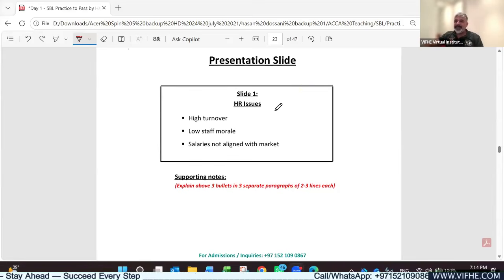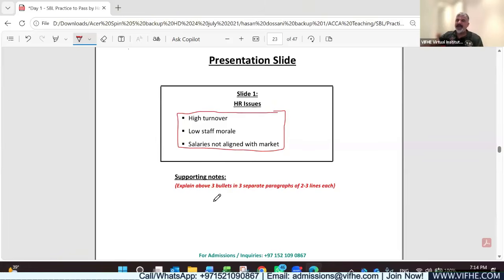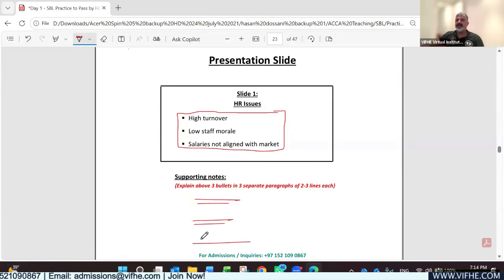So if there are 3 bullets here, you see that I have given 3 bullets as an example. So how many paragraphs should I expect to see under supporting notes? Then there should be 3 paragraphs, right? 1 paragraph, 2 paragraph, 3 paragraph.